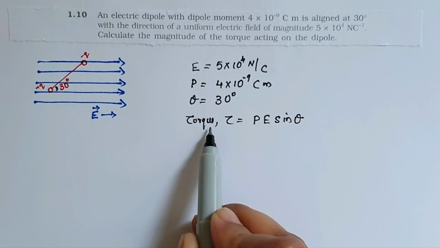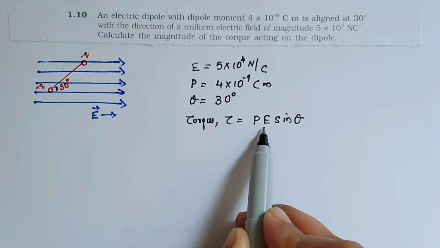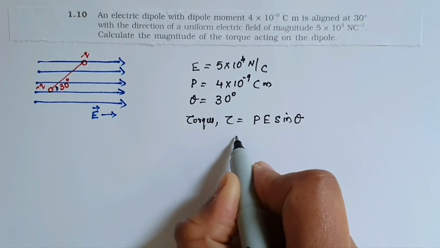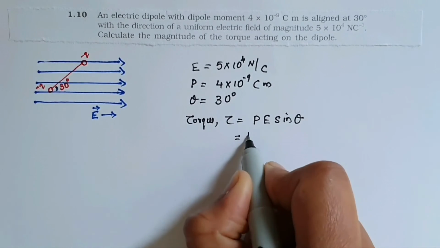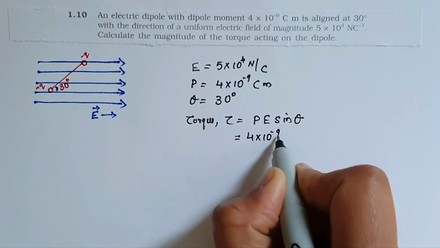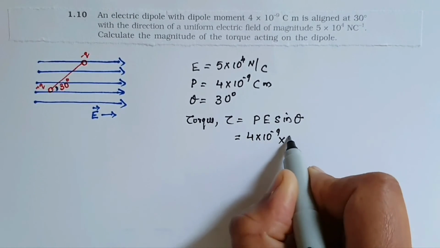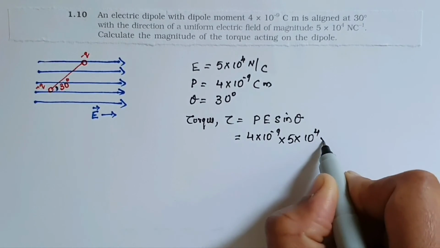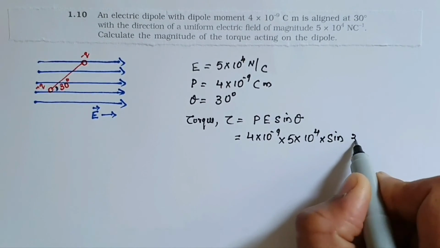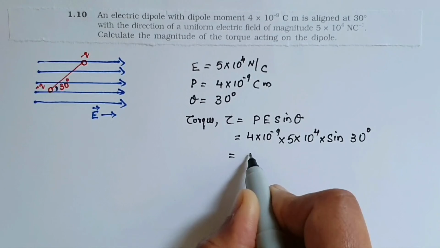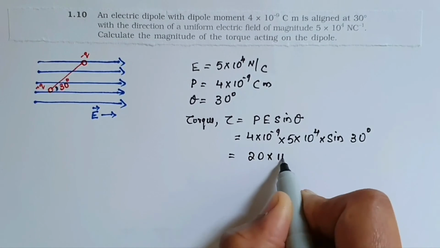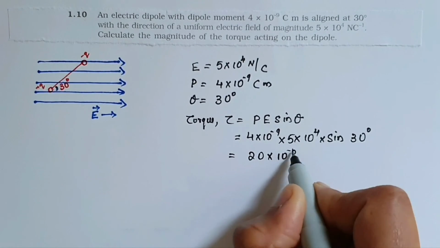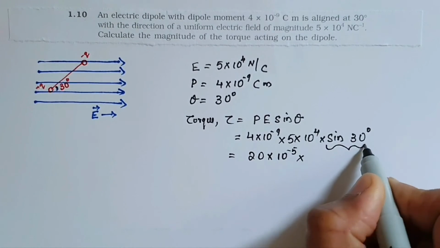Torque acting on the dipole, tau is equal to PE sin theta. This is equal to 4 into 10 raised to minus 9 into, what is E? That is 5 into 10 raised to 4 Newton per Coulomb into sine 30 degree. This is equal to 20 into 10 raised to minus 5 into, what is sine 30?